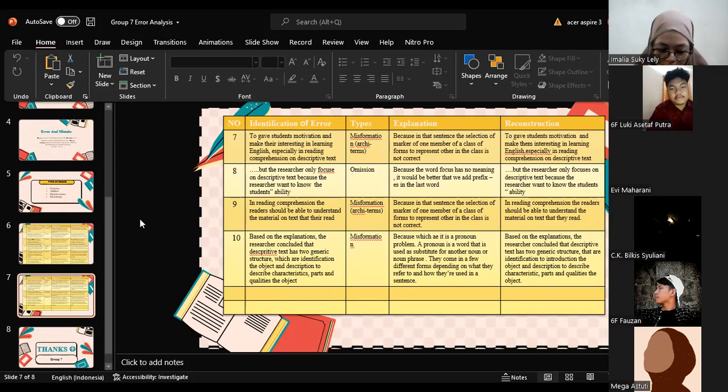They come in a few different forms depending on what they refer to, how they're used in a sentence. Reconstruction. Based on the explanation, the researcher conclude that descriptive text has two generic structure that are identification to introduction, the object, and description to describe characteristic, parts, and qualities to the objects.